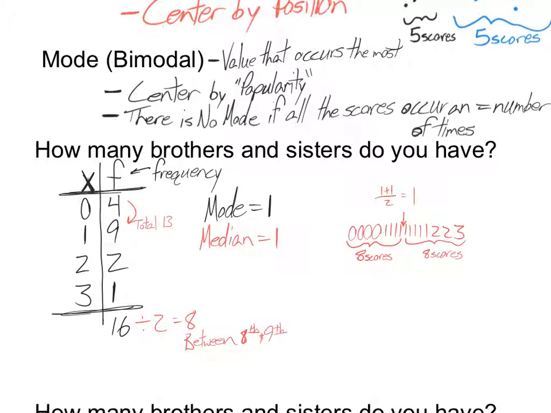So obviously 8 and 9 are both in these 9 ones. Since they're both in there, they both must be 1s. So when I find the mean of them, it's going to be 1. Does that make sense? That's how you can use the frequency table to find your median rather than having to list them all out.